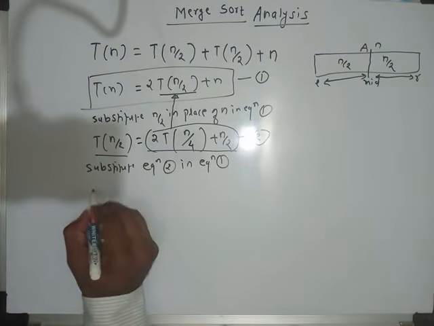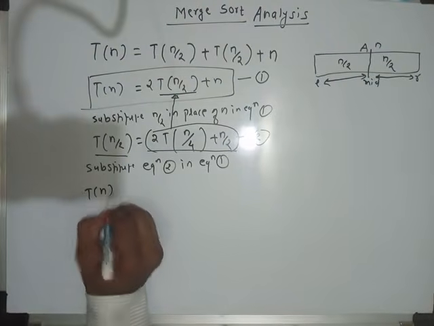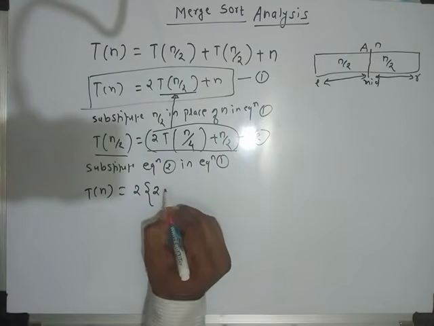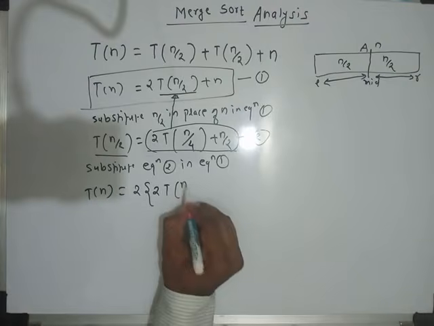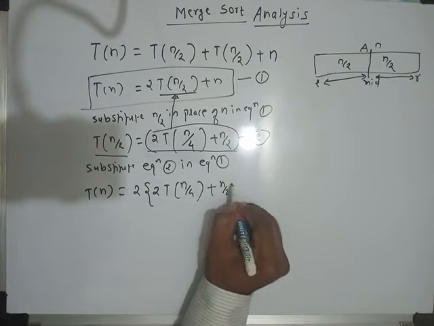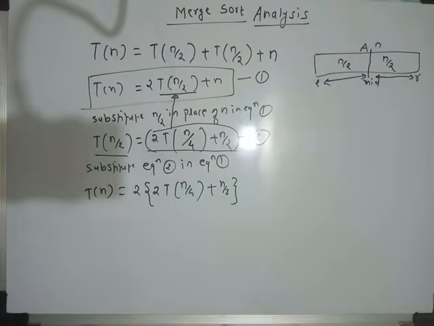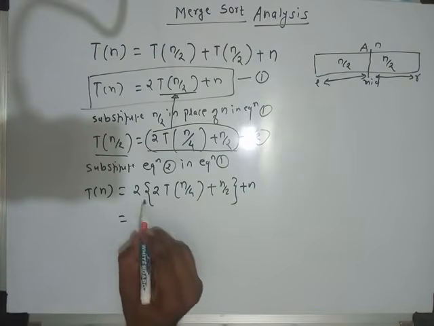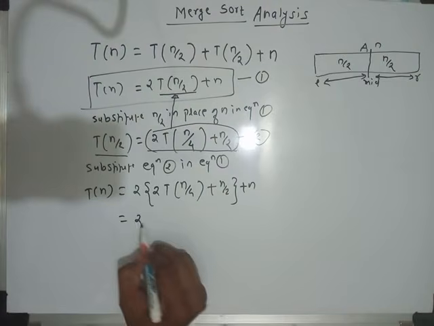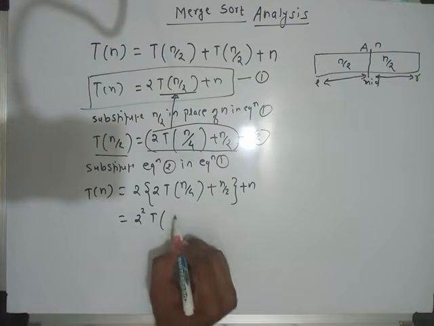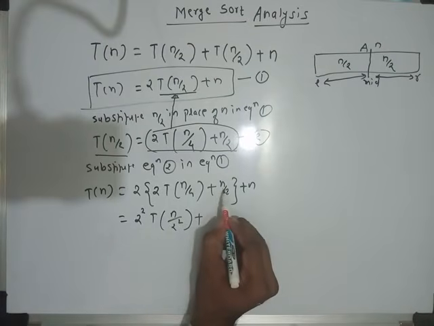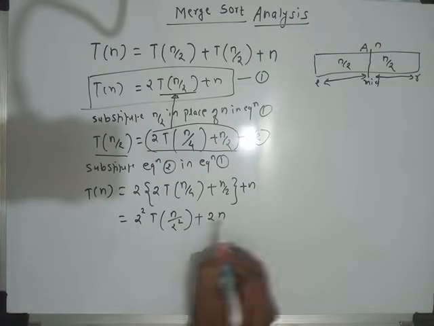So equation 1 becomes t of n is equal to twice, in brackets, 2t of n by 4 plus n by 2, that is, the value of t of n by 2, plus this n. If I solve this, I multiply inside: 2 into 2 is 4, but I'll write 2 square, so 2 square t of n by 2 square, plus 2 and 2 will get cancelled, so I have 1 n here and this n here, 2n.